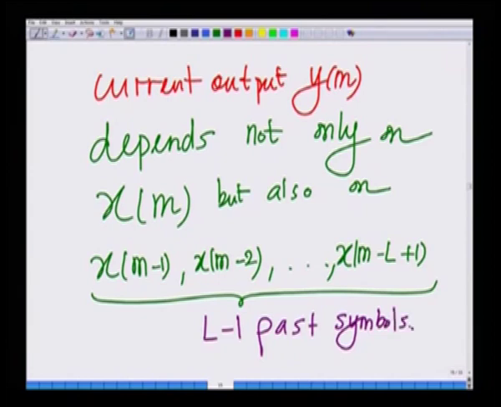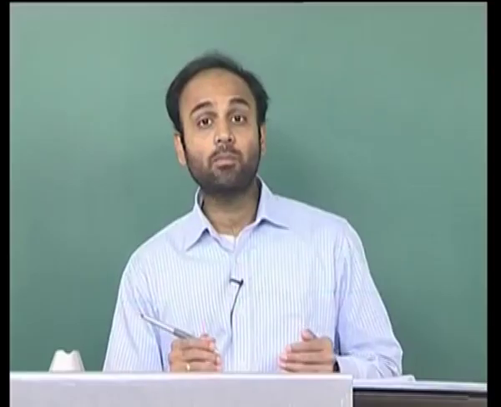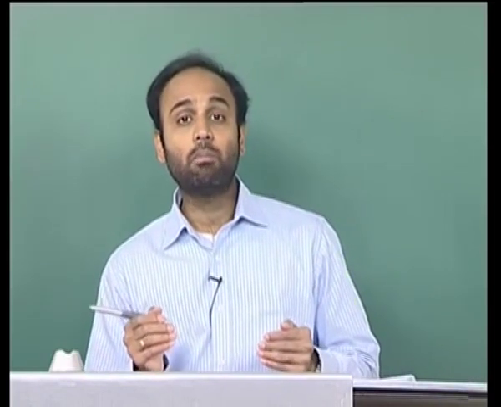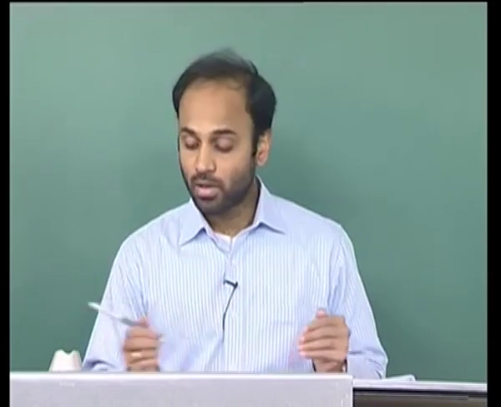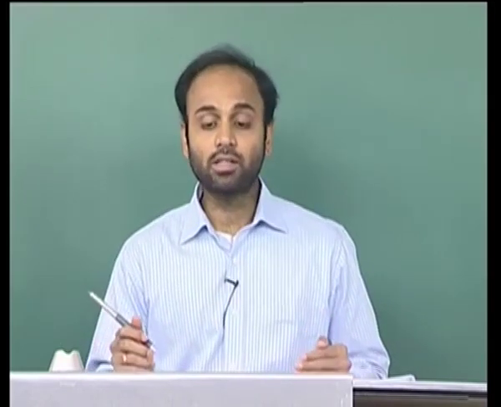So, the current output depends on the current symbol and L minus 1 past symbols. So, L minus 1 past symbols are interfering with my current symbol. This is known as inter-symbol interference.